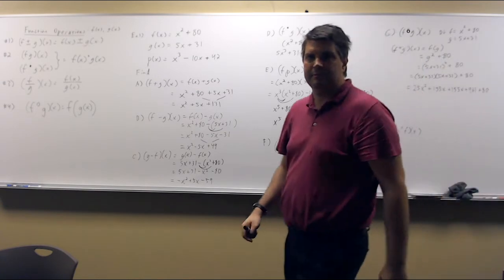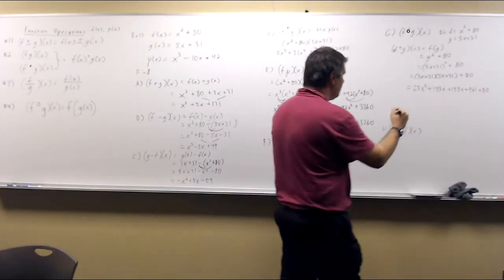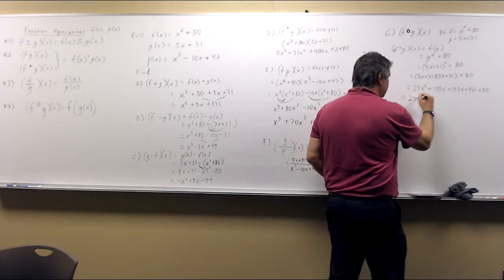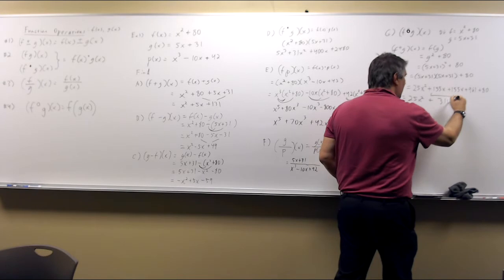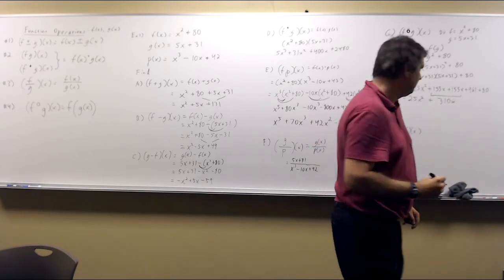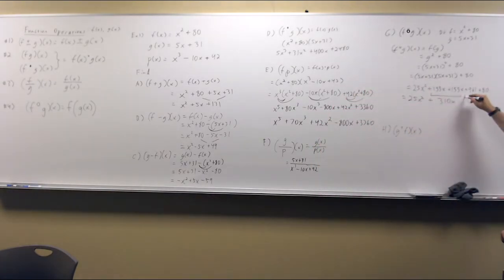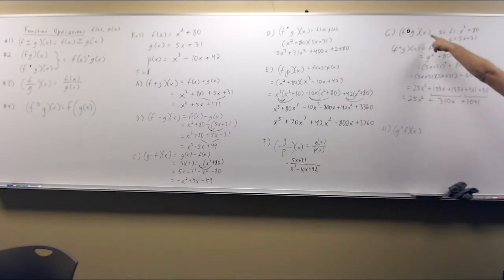Okay? And these two combine, so this is going to stay 25x squared. These two will become 310x, and these two will become 1041. Okay? That is f of g of x.